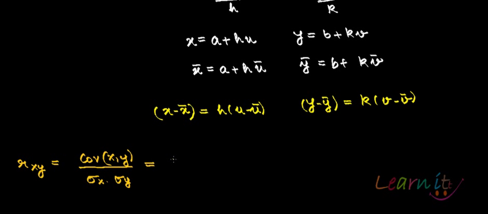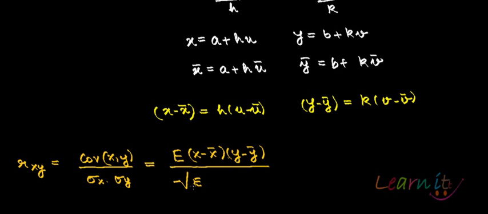The covariance of x and y can be written as E of (x minus x bar) into (y minus y bar), divided by the standard deviation of x, which is the square root of the variance of x, that is E of (x minus x bar) square, and E of (y minus y bar) square.